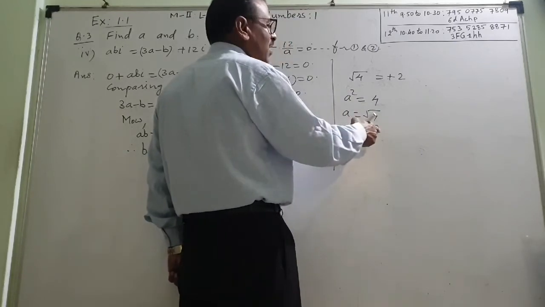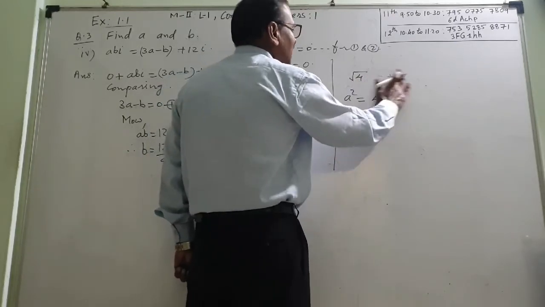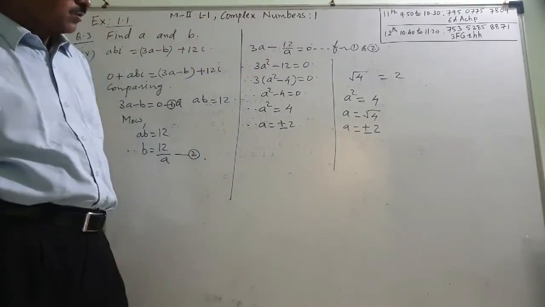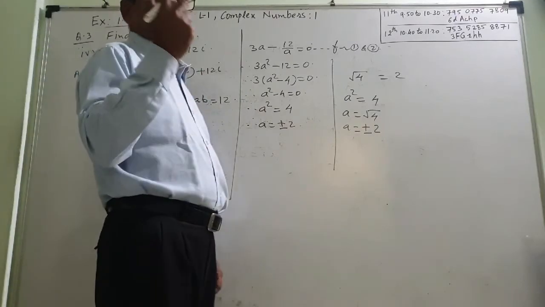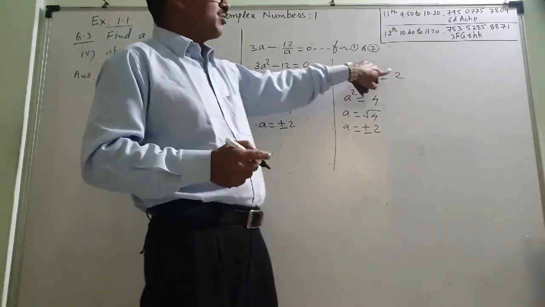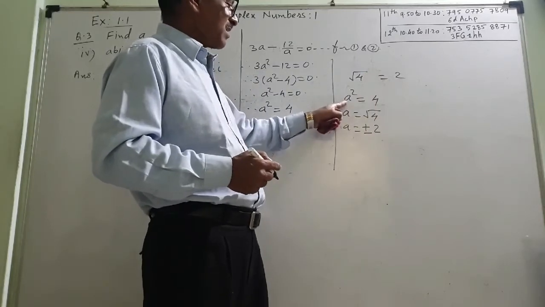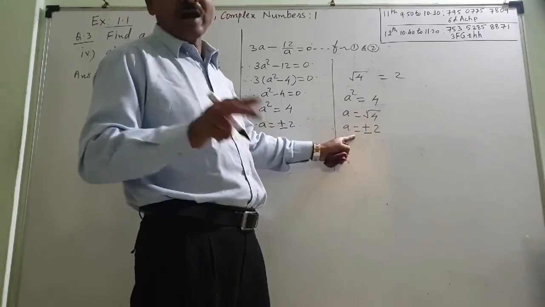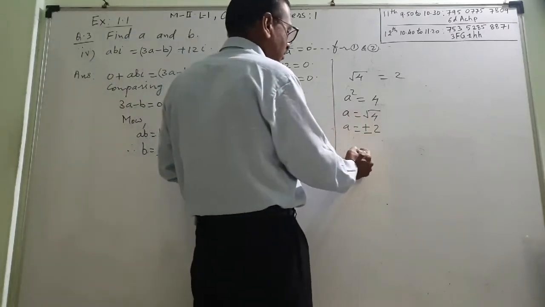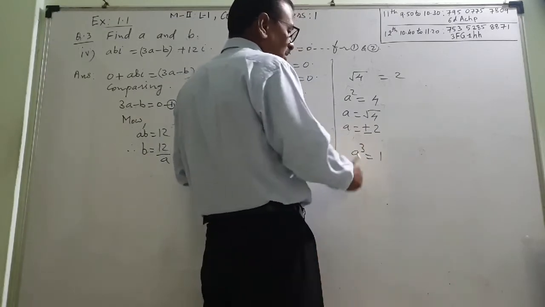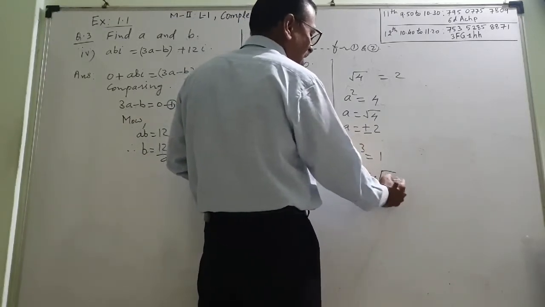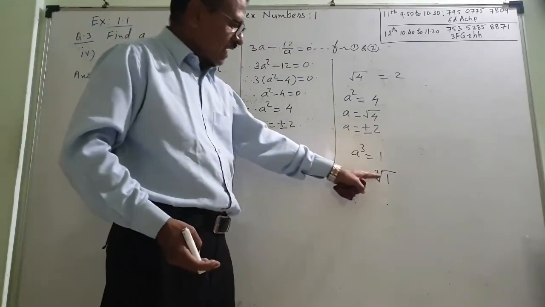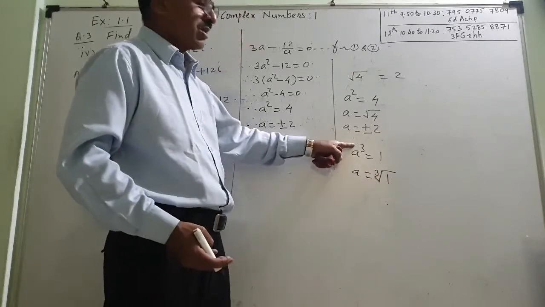For the equation the values are 2 and for the single number the value is single. Here this is a single number, its root will be single. But a square, power is 2. That's why it would have 2 roots. a cube is equal to 1, then a is equal to cube root of 1. Afterwards we are going to see that we will get 3 values because the power is 3.